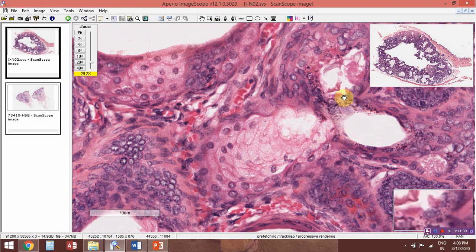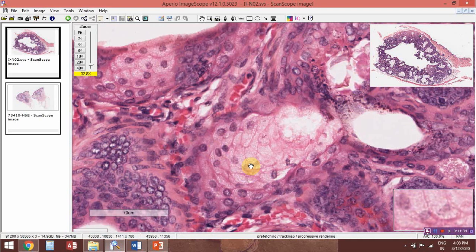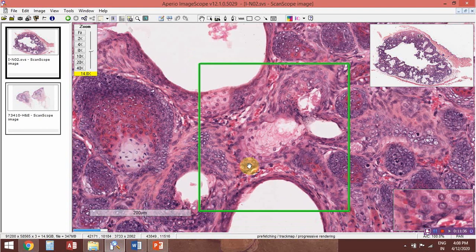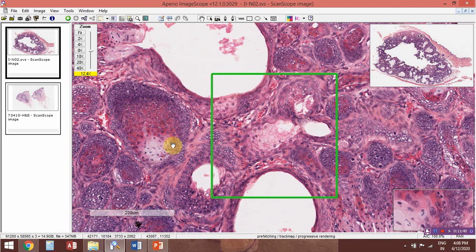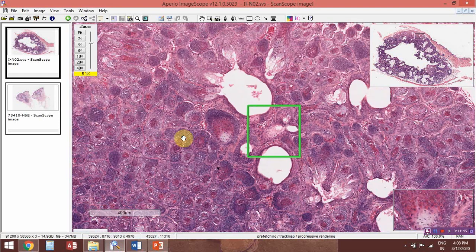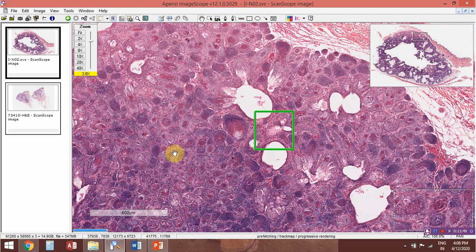Here you can find some keratohyalin granules, right? Again here you will find one follicle. This is the sebaceous part, and they are attempting the formation of a hair.